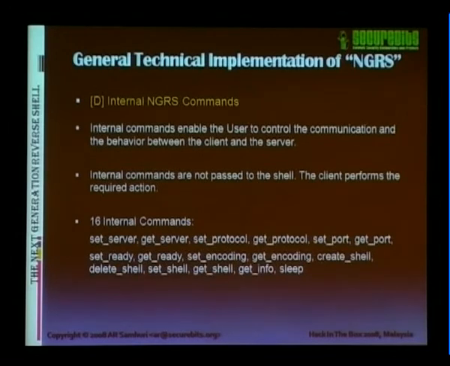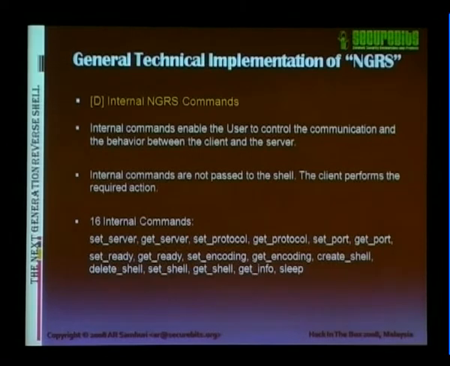Now, coming to the internal NGRS commands. In order to maintain these features of flexibility and reliability, we need a system of internal commands. For example, you are trying to control a client and you are issuing shell commands. At the same time, you can issue specific commands called internal NGRS commands, and these commands are not passed to the shell process to be executed.